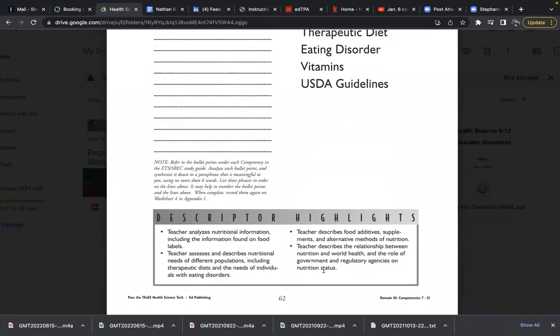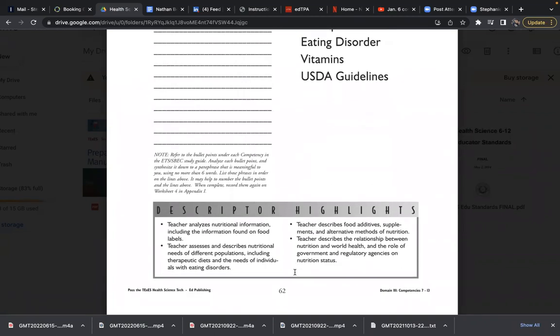So you would analyze nutritional information, including information on food labels, and assess and describe nutritional needs with different populations, including those with therapeutic diets and those with special eating disorders.